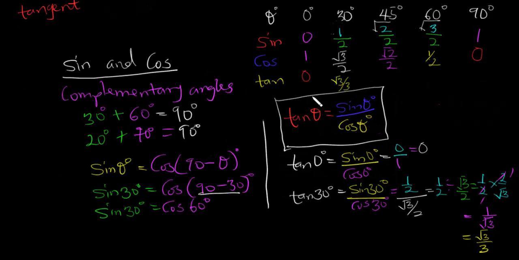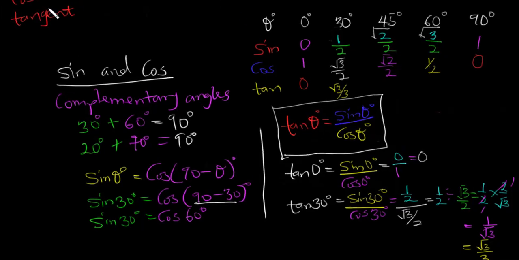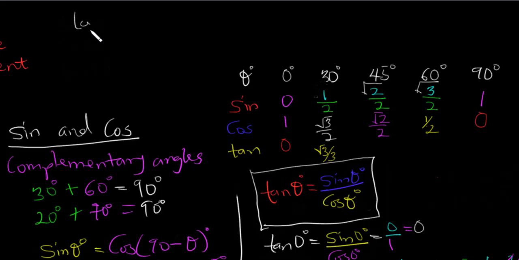Now let us go to tan 45 degrees. Tan 45 degrees can be expressed as sine 45 degrees divided by cos 45 degrees.